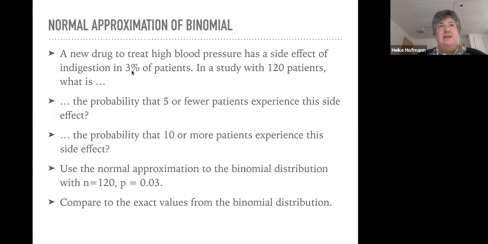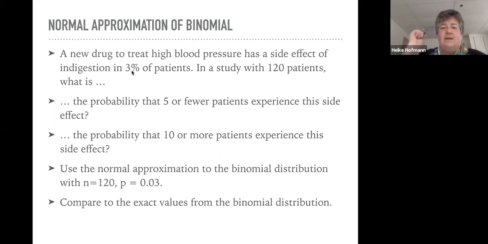Actually calculating the binomial distribution for 120 trials, the computer might be able to do it. We certainly don't want to set up the sample space by hand because we would need to write out sequences of length 120, and there's a lot of them.